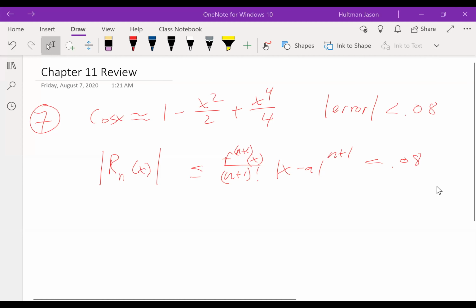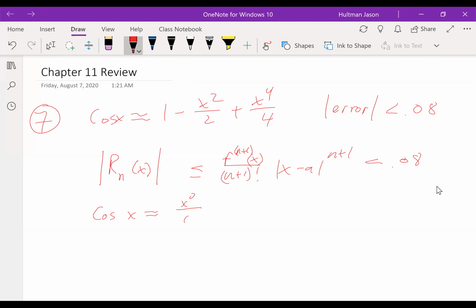Okay, so we want to find out for what value of x this holds. If we look at this, this is the Maclaurin series, cosine x is approximately x to the 0 power over 0 factorial.